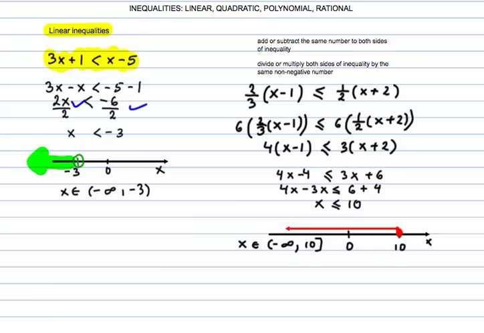Divide both sides by a positive number, and 1x is less than -3. So showing this solution on the number line, you will emphasize that -3 is not part of the solution, so therefore that circle is not filled in. It's a hollow circle.